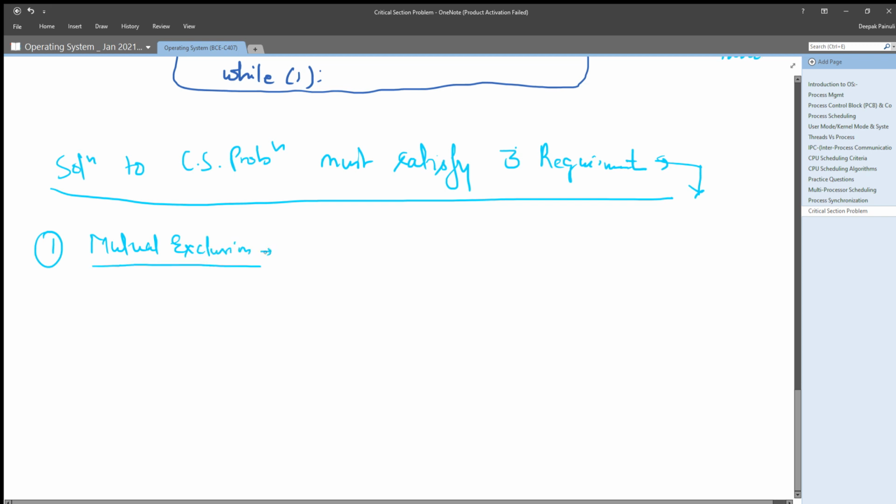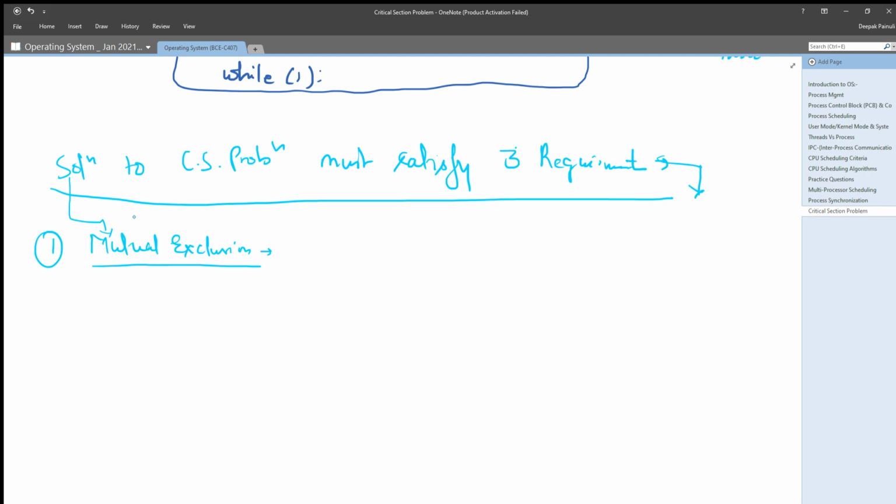As already discussed, mutual exclusion means that the solution provides mutual exclusion, right? What it means is that in the solution, if any one process is executing its critical section, then there should not be any other process which is allowed to execute its critical section, right?